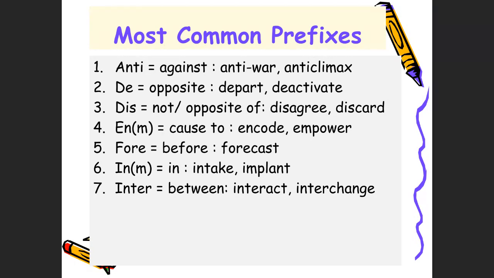With for. Forearm, good. Forehead, wonderful, perfect. Now with in or im. Inactivity, good, very good.